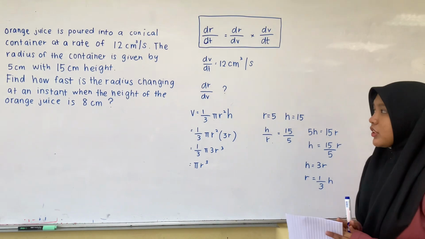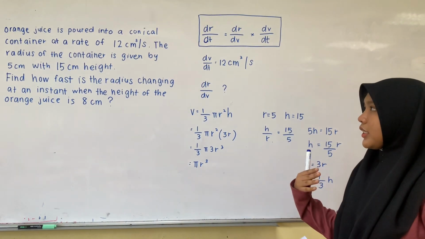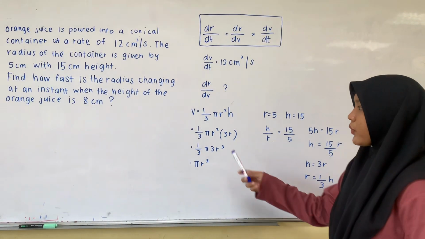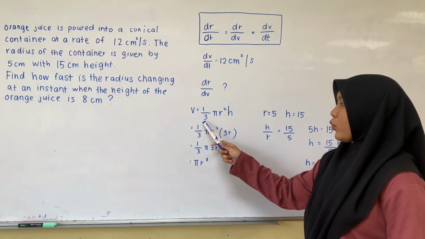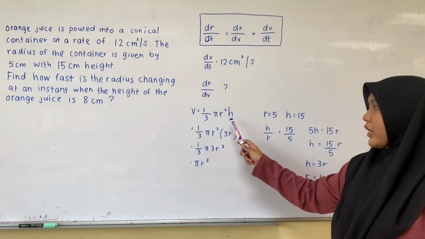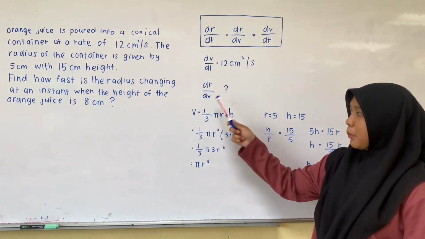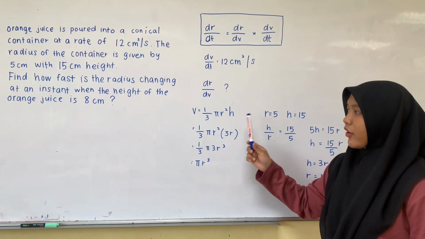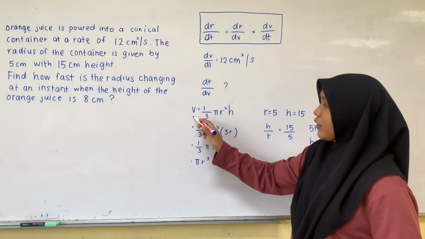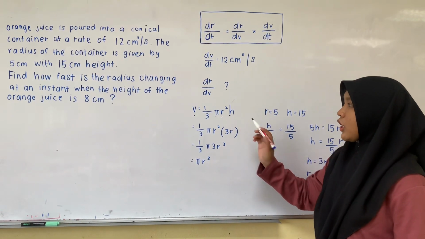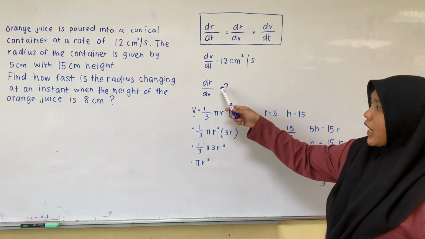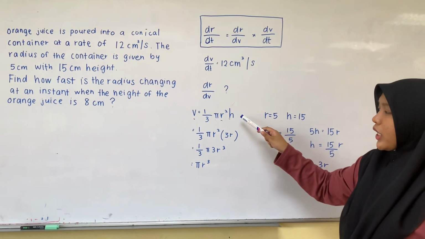First of all, using the basic cone volume formula, we have volume equals 1 over 3 pi r squared h. We want dr over dV, but in this equation we have three variables, which are V, r and h. There's only r and V here, but here we have h.